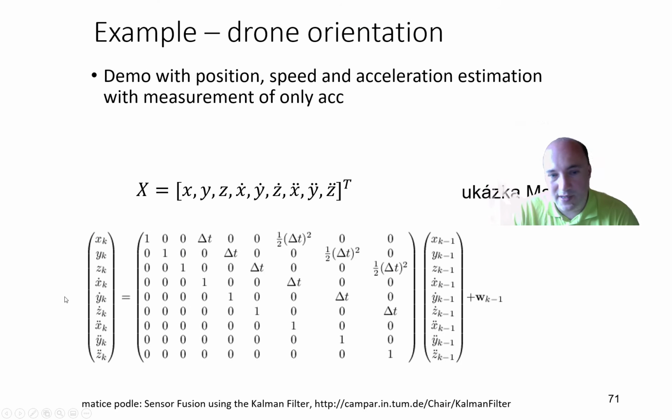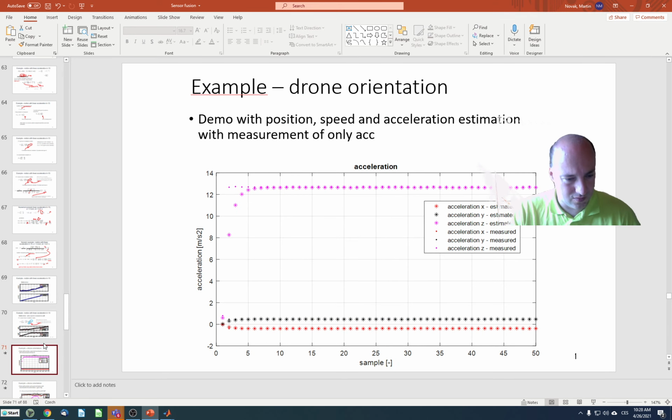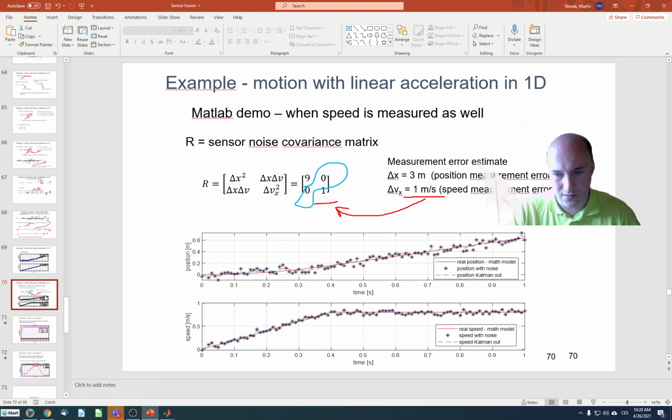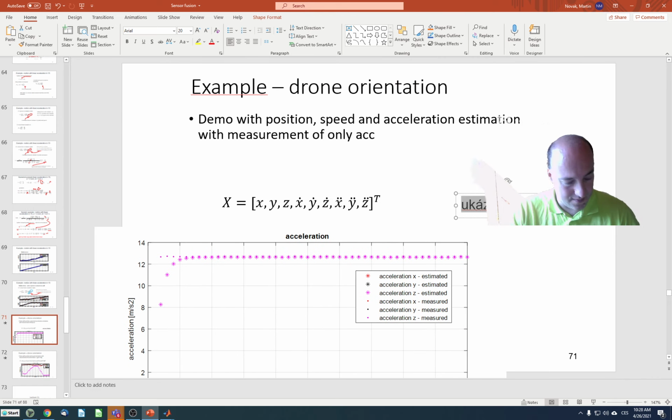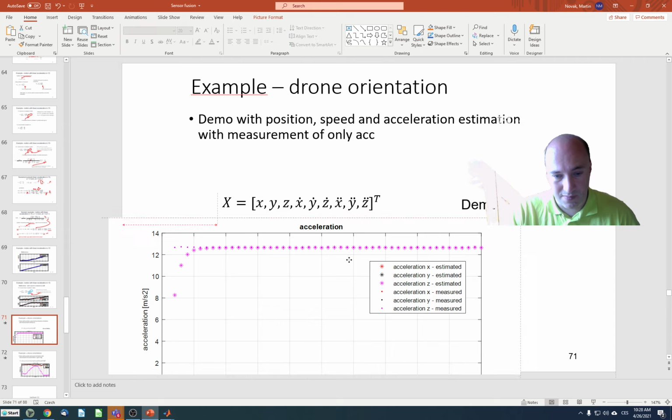So, a few examples. I think we will do this demo at the beginning of next week. I just want to tell you what it is doing. It should be a demo here in MATLAB.